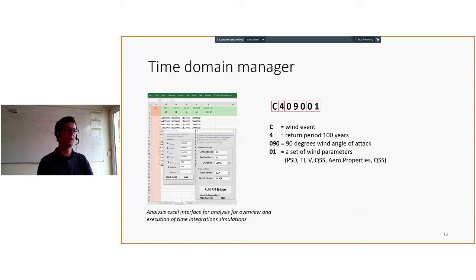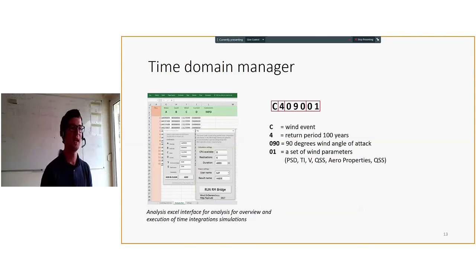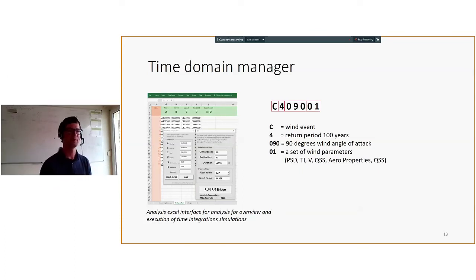So we have to calculate at least 100 combinations of wind, sea swell, and currents, so we can get quite quickly lost in that amount of data. So we developed a special naming system where, for example, C stands for wind, and then 4 stands for different return periods. In case of 4, this is the 100 years return period of the wind. And then we have the angle of attack, which is 90 degrees.